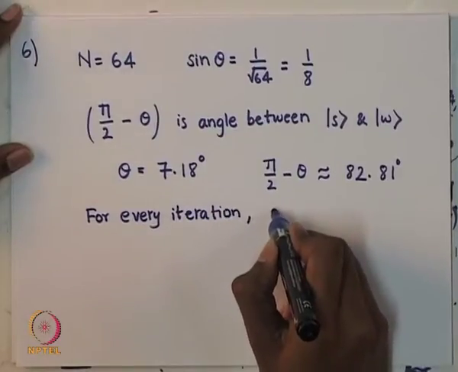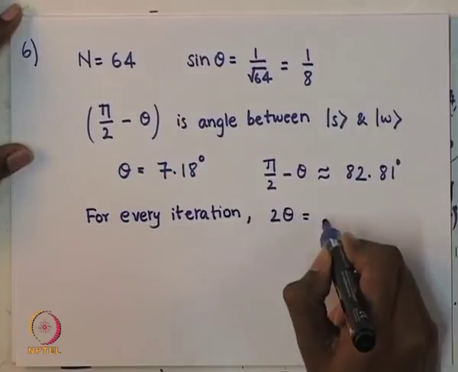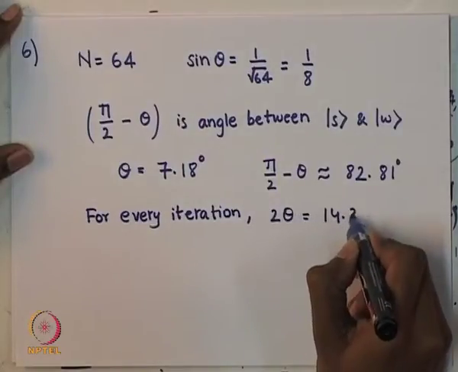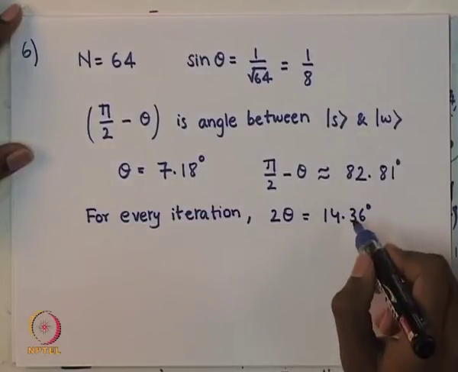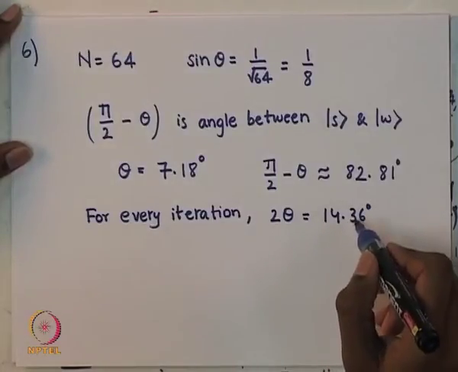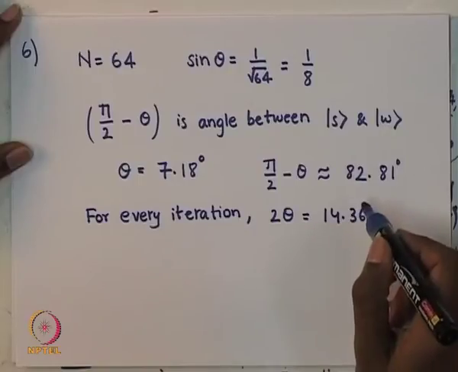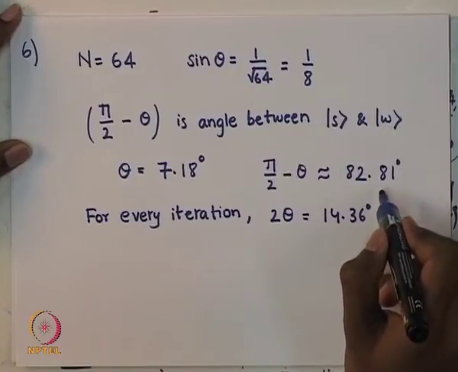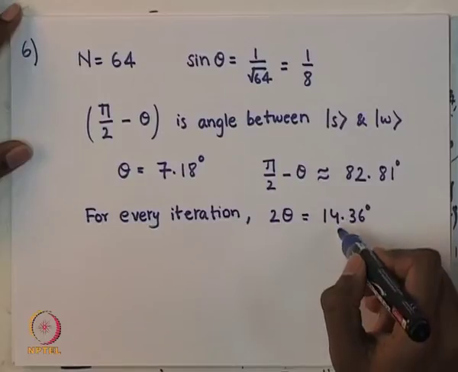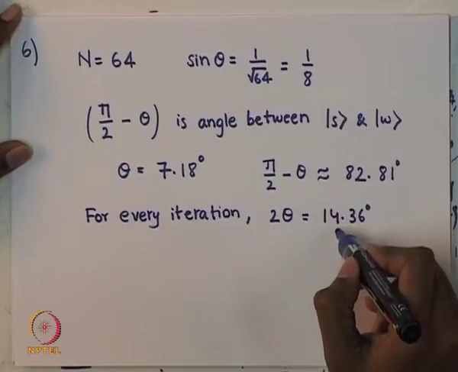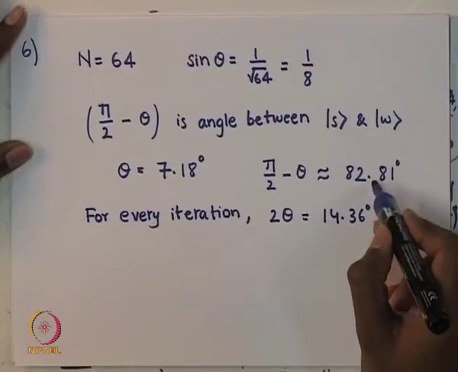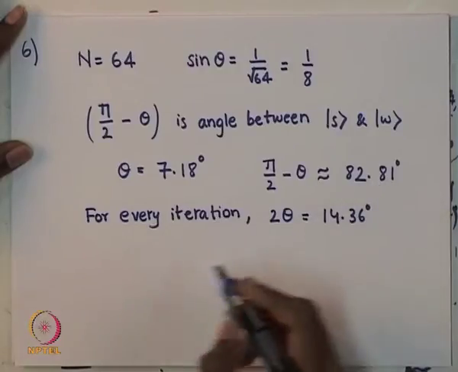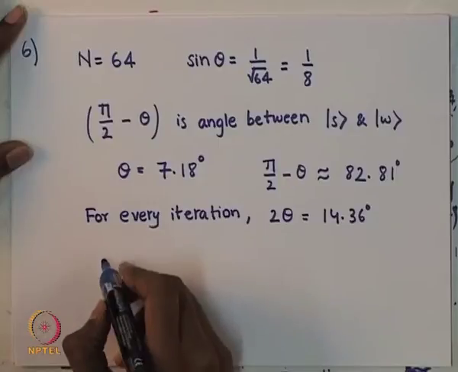We know that for every iteration, we have a rotation of 2 theta, that is 14.36 degrees. So we need to find out the number of iterations in which we can get very close to this value. For example, we see that after 5 iterations, we will cover around 70 degrees, which is close to 82.81. So let us consider 5 iterations.